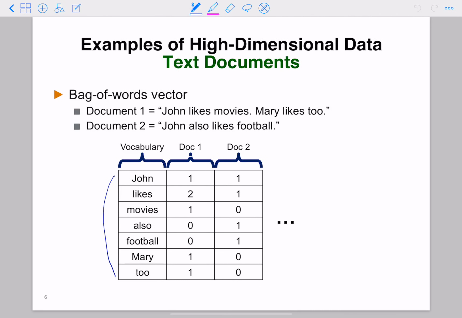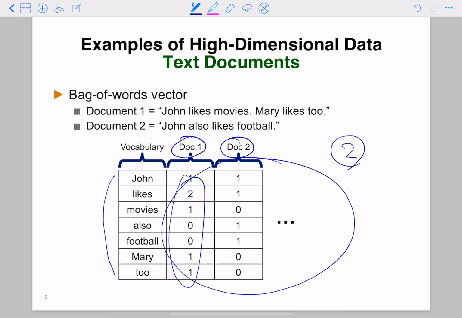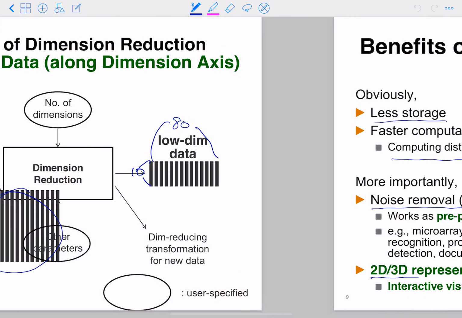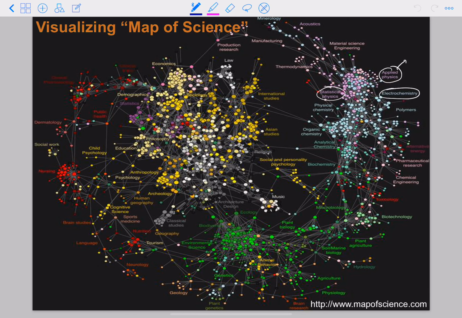So this is applied physics, and this is maybe statistical physics and so on, right? Once obtaining this feature vector representation of each field, we can reduce the dimensionality into maybe 2. So in that case, we can obtain this kind of visualization.